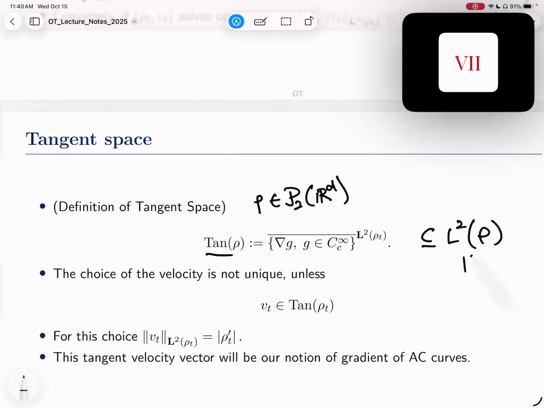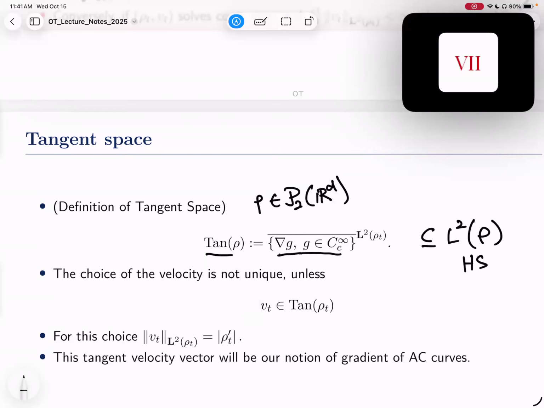So this is a Hilbert space, right? L2 of rho is a Hilbert space with the usual L2 norm. In that Hilbert space, I'm going to create a subspace. What is the subspace? Well, look into the pre-closure. Look into this subspace which is not closed, which is the gradient of G, where G is compactly supported and smooth. This is some subspace of L2, but this is not closed. Take its closure in L2, and this subspace is what I'm going to call my tangent space.